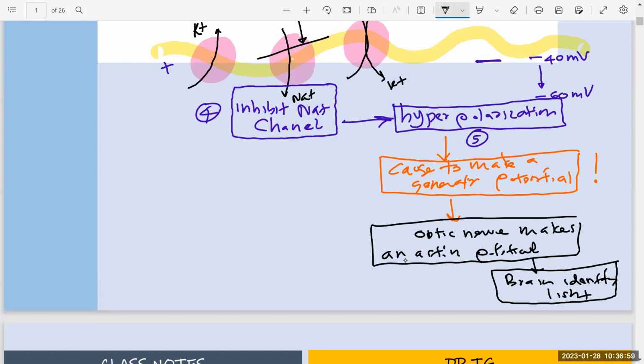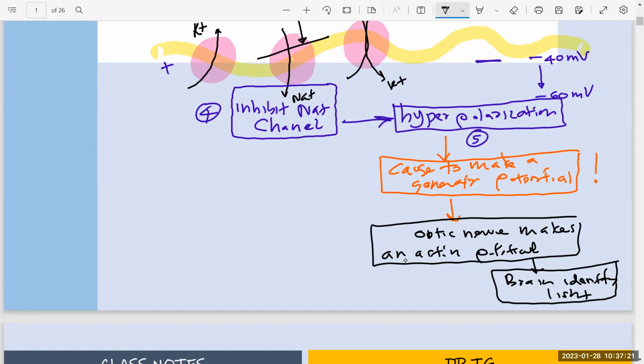So this is one aspect. We can go on like this and finish it off this way. So this has been completed now, to complete the cycle of identification of light by the rod cell.